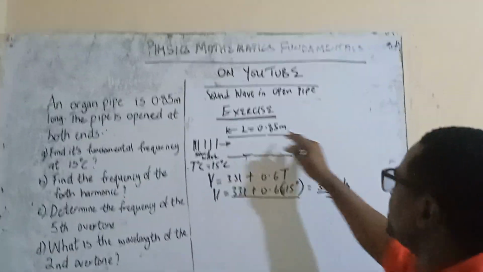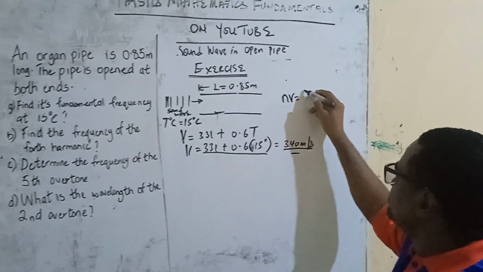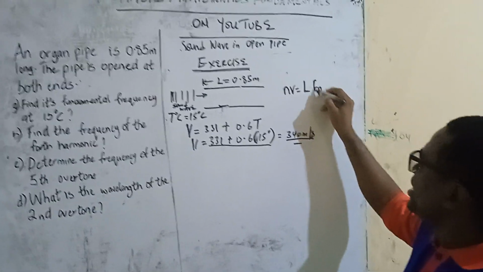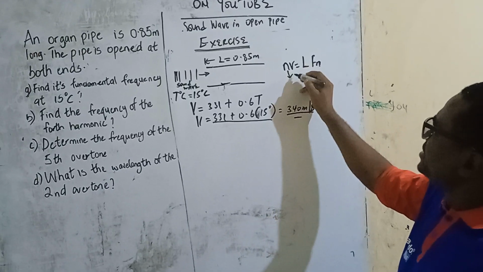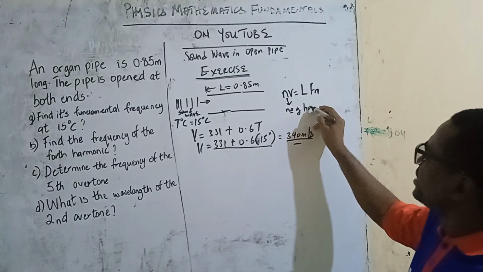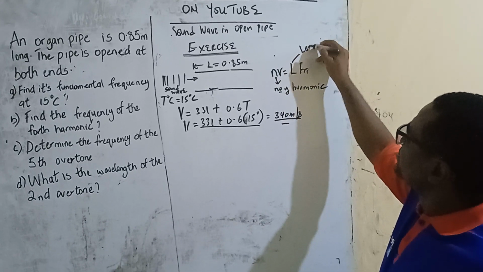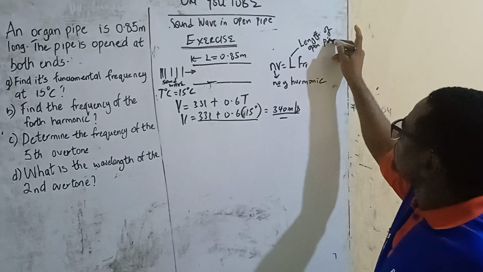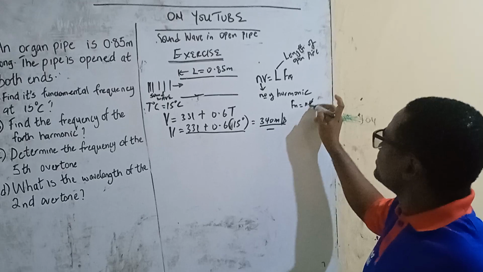Now, because we are having an open pipe, the formula we use for the open pipe is given as nV is equal to 2L Fn. nV is equal to 2L Fn. Now, where n is the number of the harmonic of the wave, and L is the length of the open pipe, and then Fn that I have here is the nth harmonic.